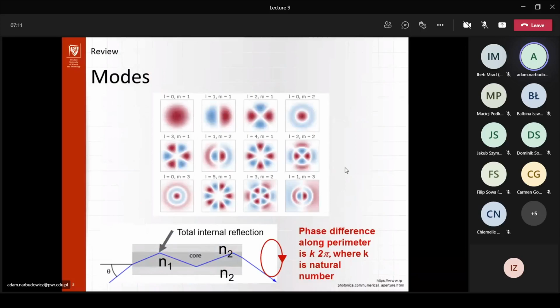So we will see similar modes in the cables or in the wires, in the waveguides. I'm sorry, not similar, of course. They will look different, but the principle basically will be the same.